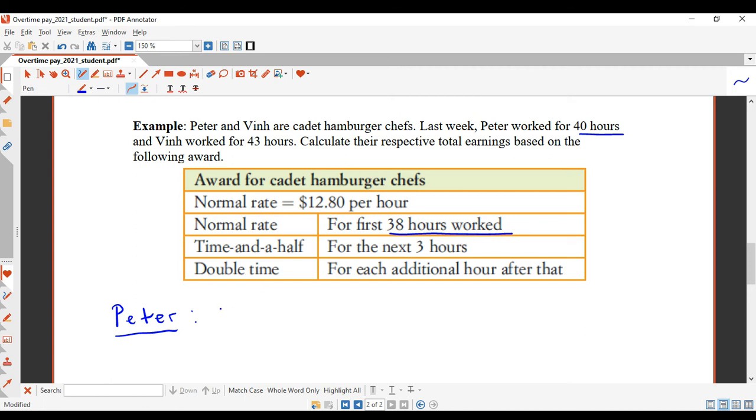So for Peter, we take 38 of his 40 hours at the normal pay rate. Here's the $12.80, which is the normal rate. Let's work that out. 38 times $12.80. That's $486.40.